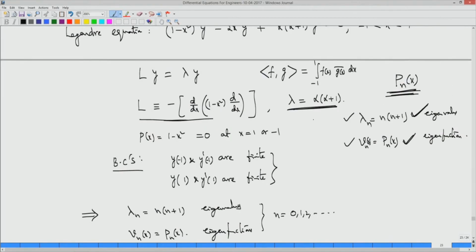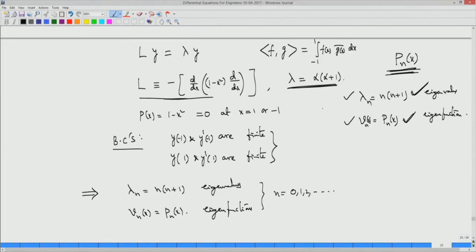But n is from 0, 1, 2, 3 onwards, you have P0, P1, P2 and so on. What happens if I take n equal to minus 1? I still have P minus 1 of x, which is also a polynomial. What is this actually?